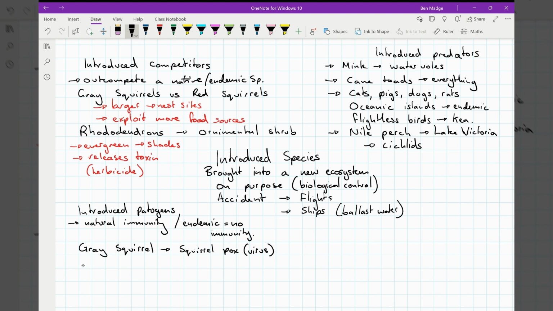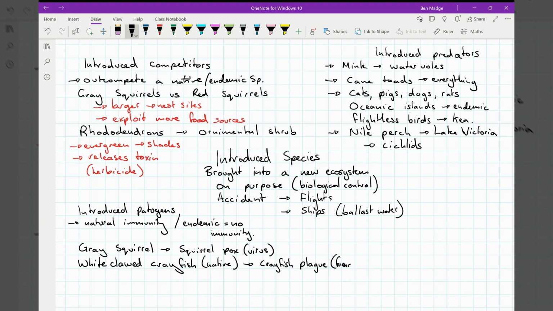You have white-clawed crayfish, which are the native species, but they are vulnerable to the crayfish plague, which is a fungus.